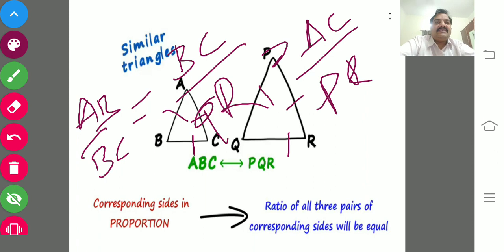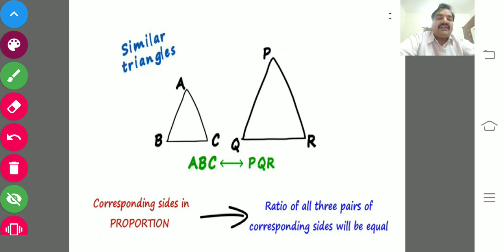So that is the second concept. The ratios should be equal. These two properties are very important, and with respect to angles, the corresponding angles should be equal. That means angle A equals angle P, angle B equals angle Q, and angle C equals angle R.